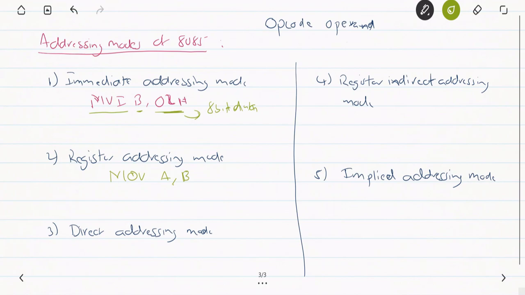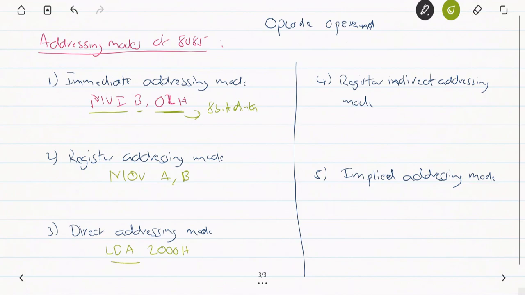Now talking about direct addressing mode, we know that our data can either be immediate or it can come from some memory address. Now, if we are writing some instruction that directly involves our memory address, then such instructions are said to be in direct addressing mode. For example, we have a value in memory cell 2000H and then we want to transfer it to the accumulator, then we basically do LDA 2000H.